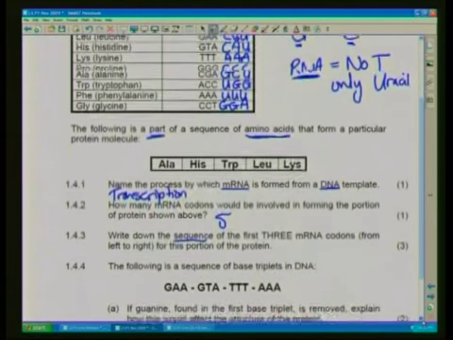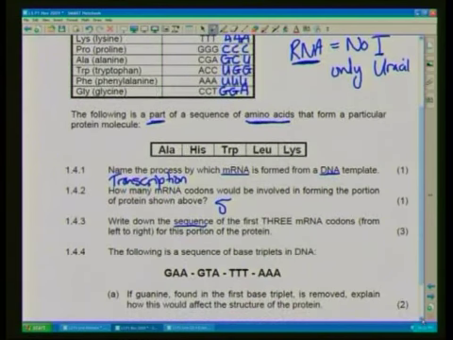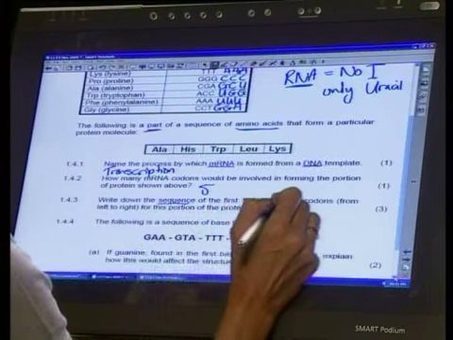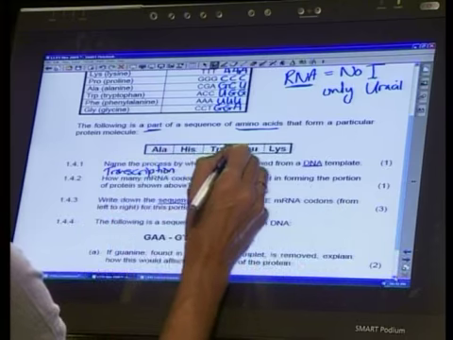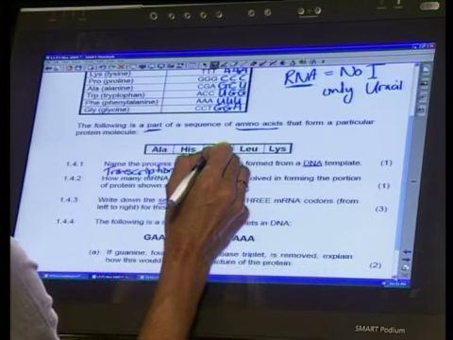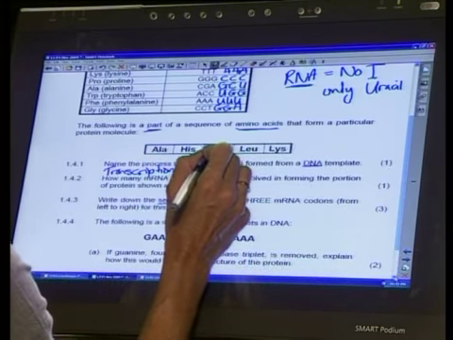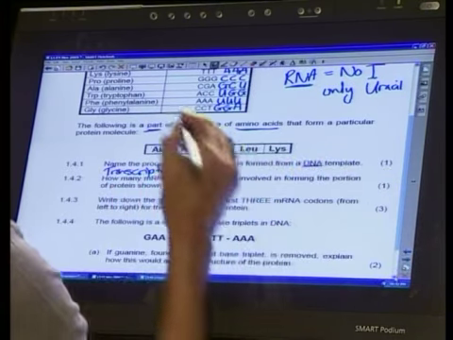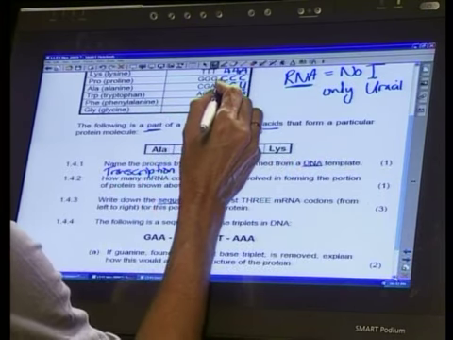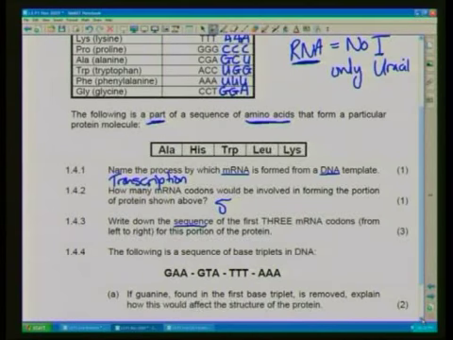So here, if we look at question 1.4.3, write down the sequence of the first three messenger RNA codons from left to right for this portion of the protein. So we're looking at alanine, histidine, and tryptophan. Alanine was GCU, so we've already got it.